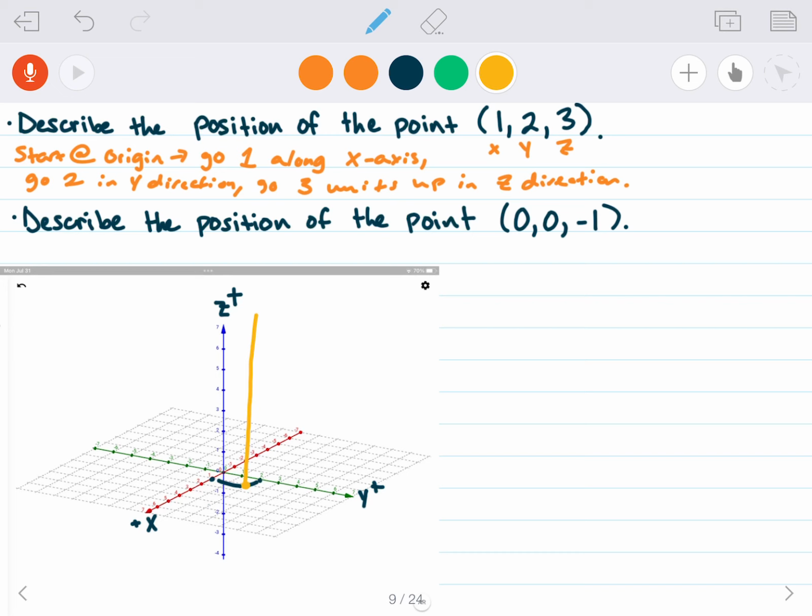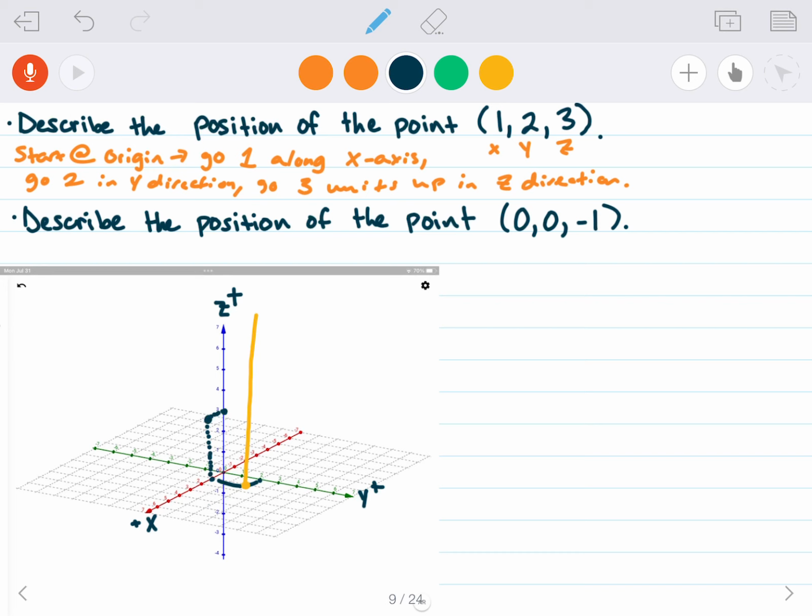And then what I'm going to do is start at the z-axis at z equal to 3. I'm going to travel 1 unit in the direction of the x-axis. So if I start at 1 and draw my line parallel to the x-axis, I end up right here.